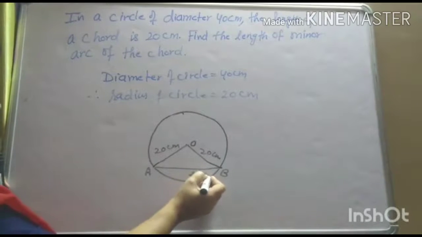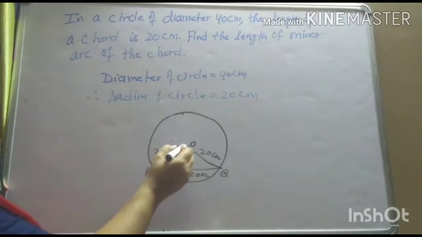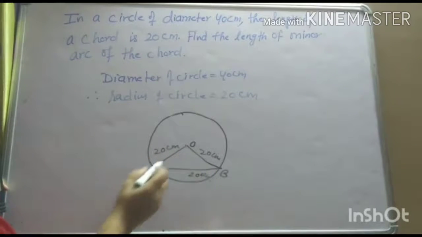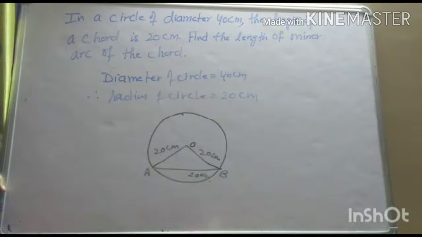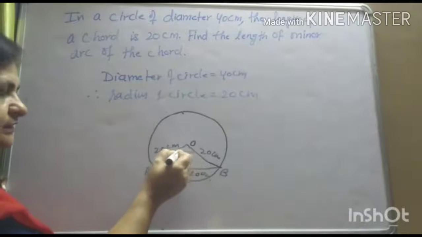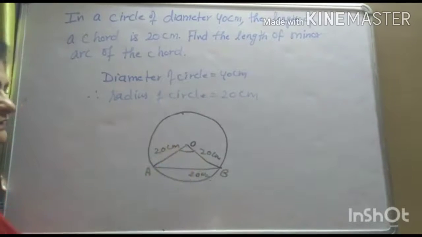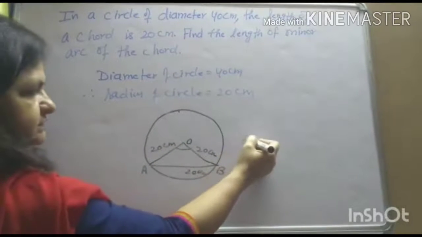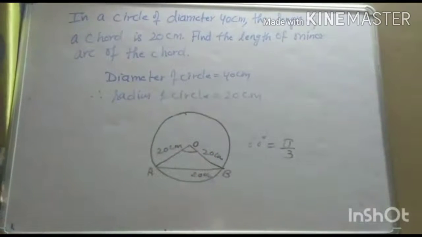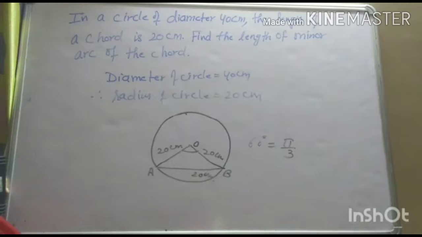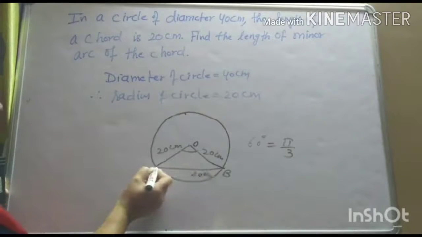Now, in triangle OAB, all the sides are equal. Therefore, triangle OAB is an equilateral triangle. Therefore, this angle is 60 degrees, or we can say pi by 3 radians. And we have to find the length of the minor arc of the chord.